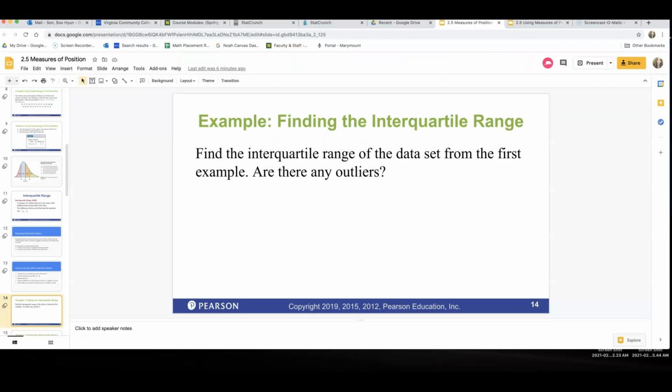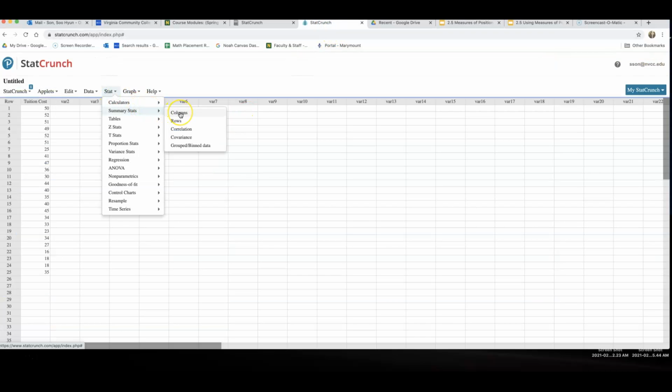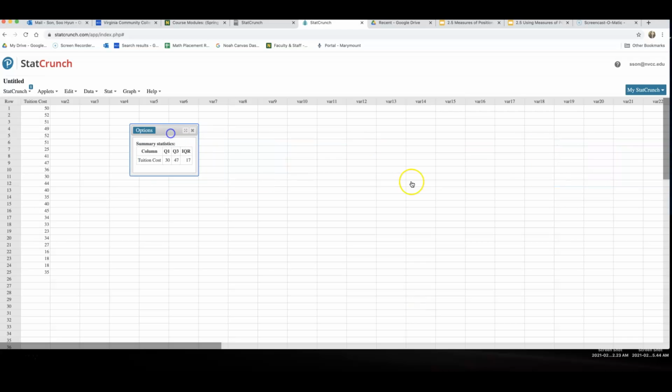I will go to Stat, Summary Stats, Columns, and click on Tuition Cost. Find Q1 and Q3, and find IQR too. Find those three things. This is the output table that we need to calculate the upper and lower fence.